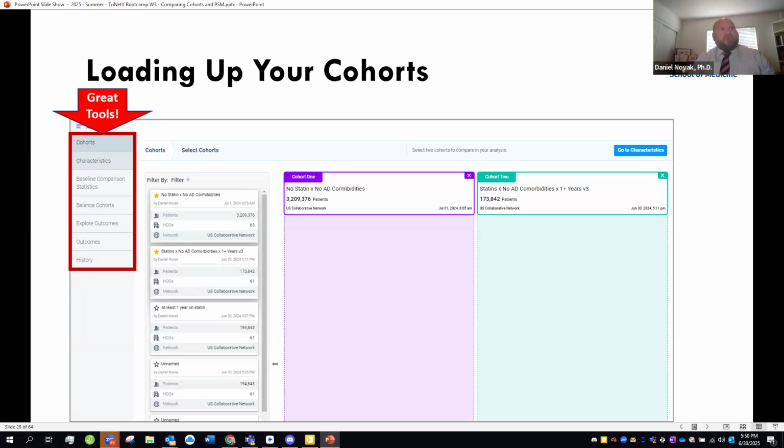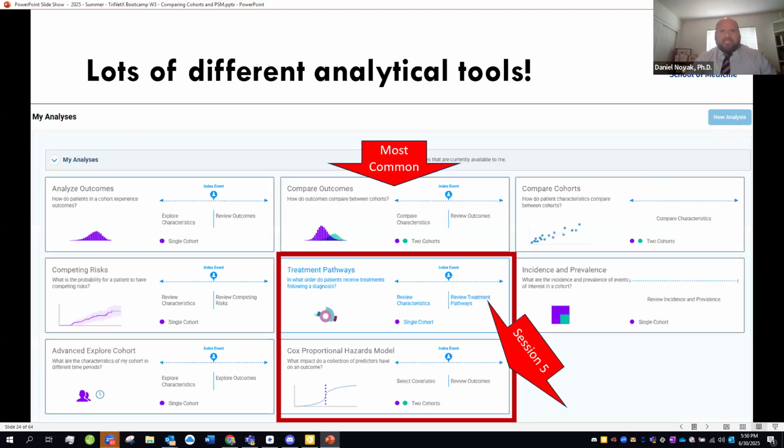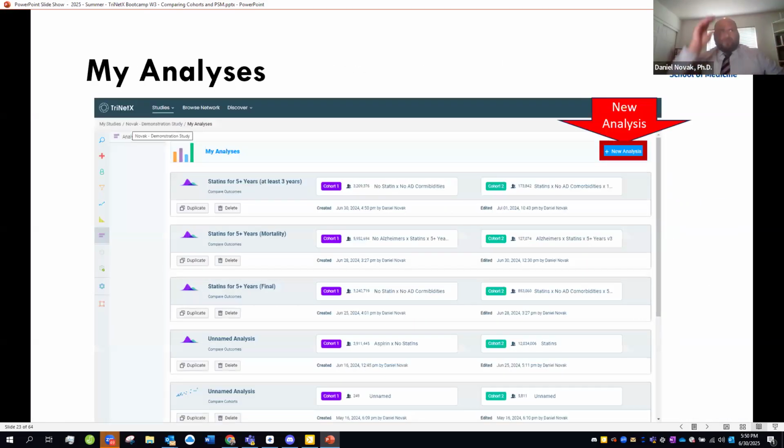Actually, just before I move on, I got a question here. And you can choose as many tools as you want for a single study. Yes, you have an unlimited number of tools as you want in here. So once you've created your cohorts, you can use those same cohorts in different tools. Sometimes you have to reconfigure them a little bit to get the maximum out of the tool.